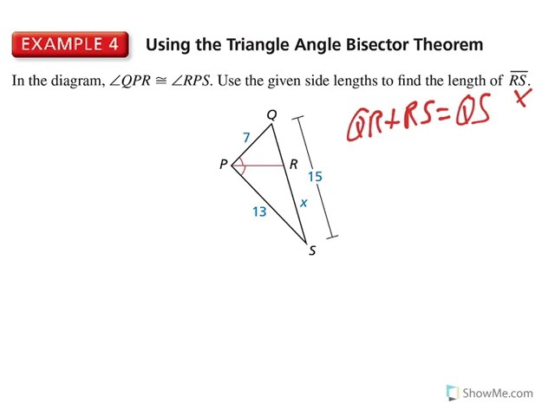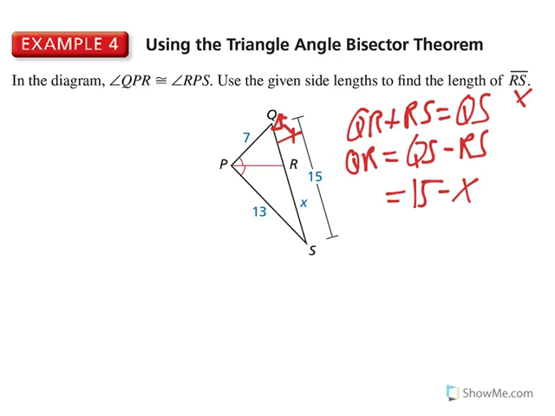So if I wanted QR, I could subtract RS over, and I would get QS minus RS. If I plug those in, QS is my 15, RS is my X that I'm looking for. So instead of QR, I'm going to write 15 minus X. I would need to do 15 minus whatever value I get for X.